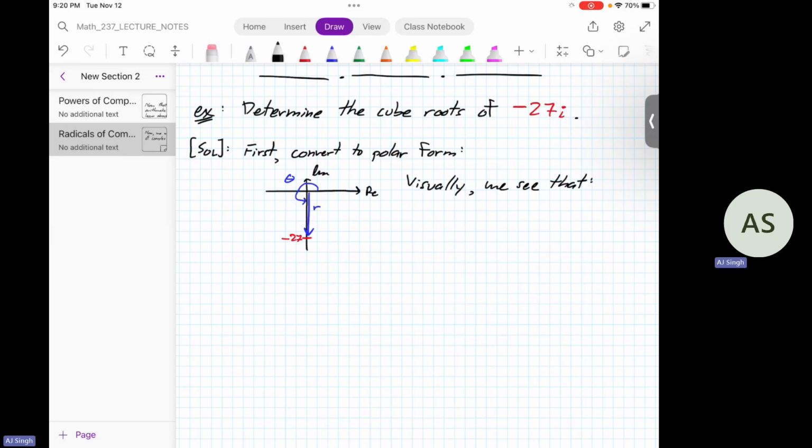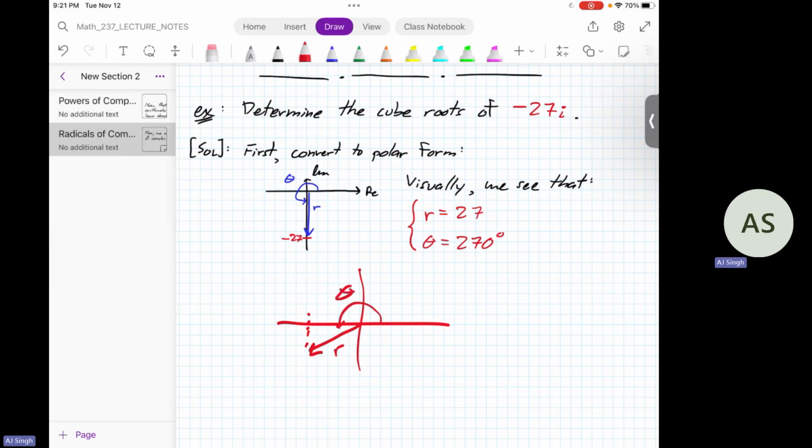Because r is just the length of that blue vector. That's 27, right? r equals 27. And theta is that blue angle, which has to be 270 degrees. So in this case, we don't have to do all that math. You can do it visually. But of course, if you had a complex number that was over here somewhere, then you would have to draw the triangle, find r, find theta.